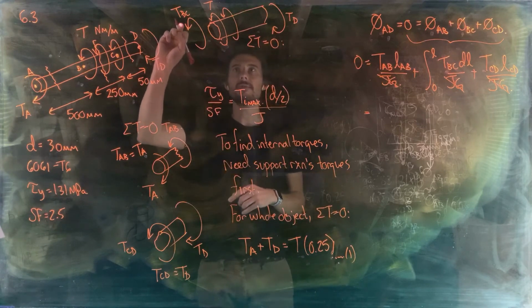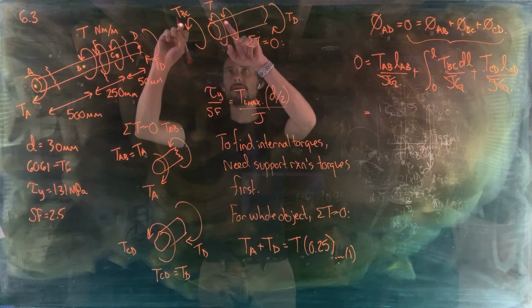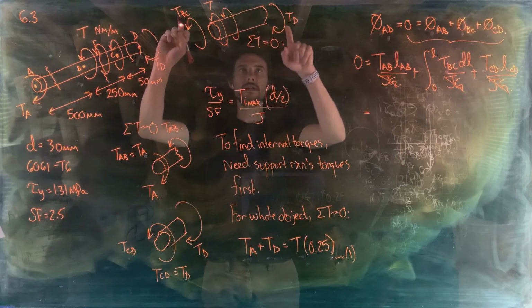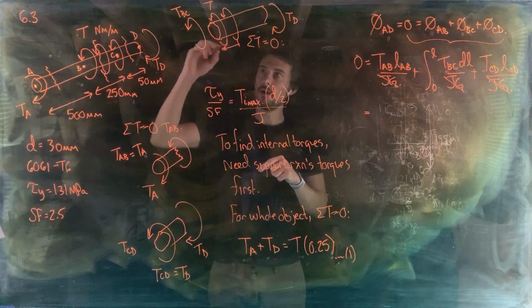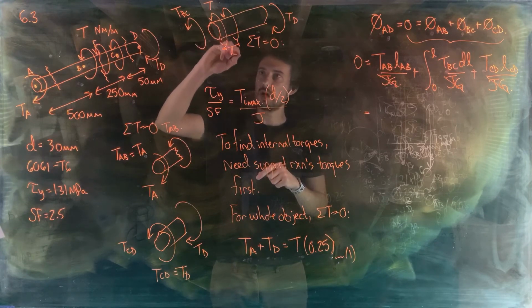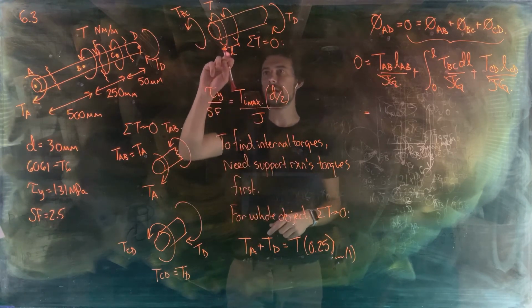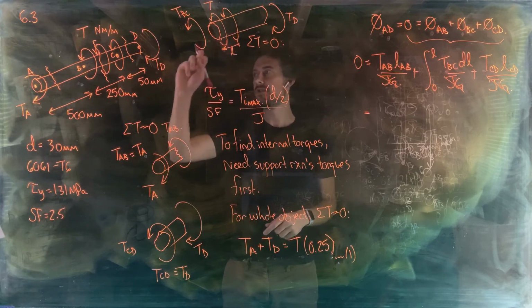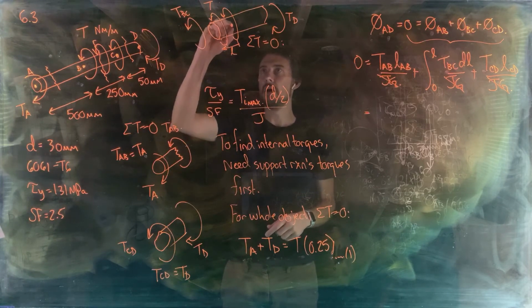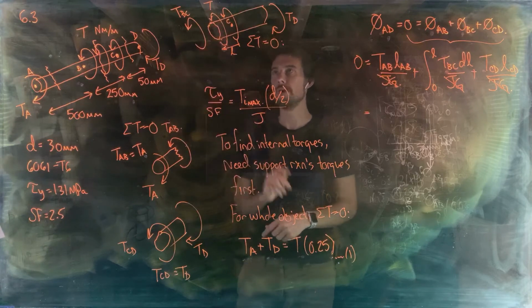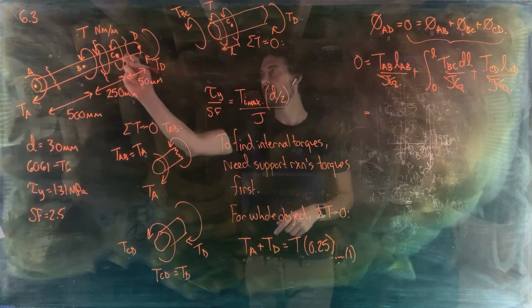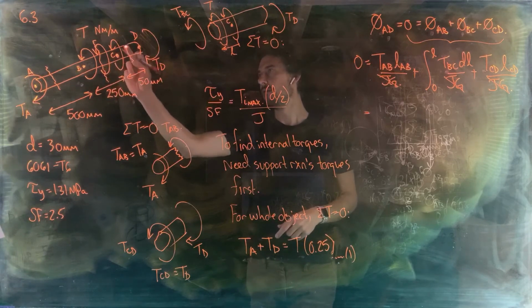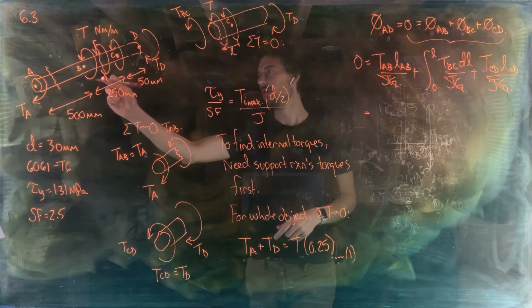So we've got TBC plus the resultant of T is equal to TD. And I'm going to define the location of our section cut as some distance L away from the start of the distributed torque, which is at point C there. So L is measured from point C to the location of the section cut that I'm doing right here.